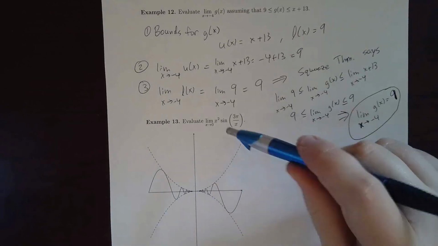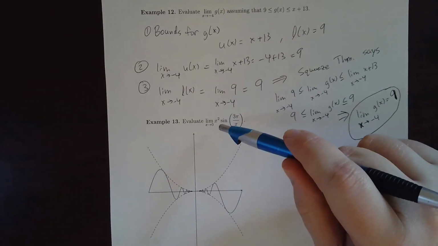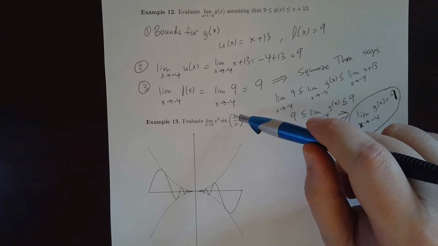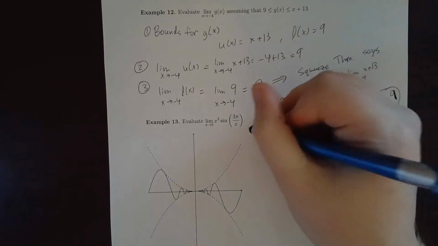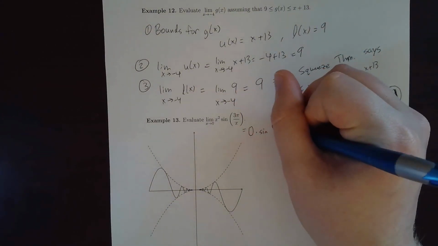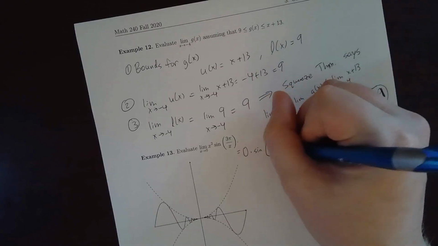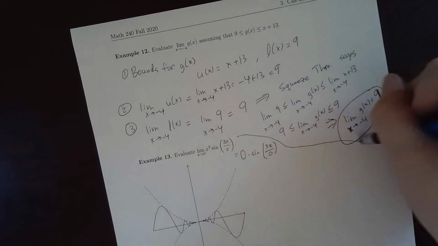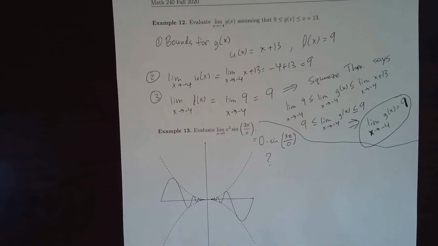So say we wanted to evaluate the limit as x approaches 0 of x squared times the sine of 3 pi over x. So note that this then becomes 0 times the sine of 3 pi over 0, which is something that we're not quite sure what to do with.